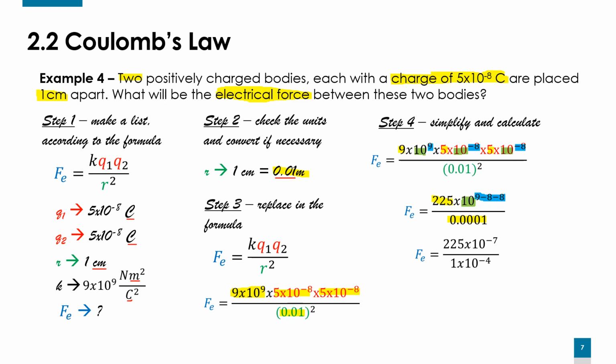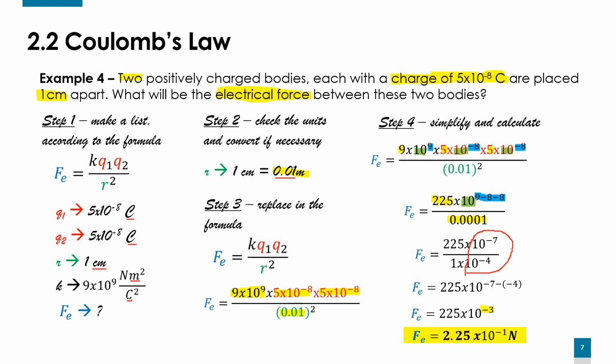Now I'm going to divide these two powers of 10. 225 divided by 1 is 225. 10 to the power of minus 7 divided by 10 to the power of minus 4 is 10 to the power of minus 7 minus minus 4, because it's a division. So minus 7 minus minus 4 is plus 4: minus 7 plus 4 is minus 3.